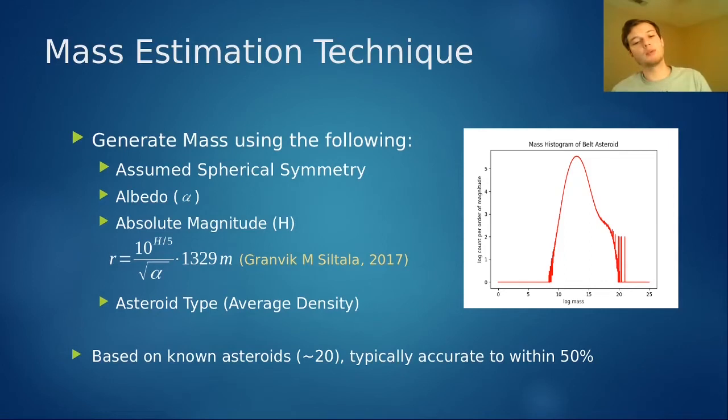And when you combine this with the density, which you can get by taking sort of average density for the asteroid type, then you can get the actual mass of the asteroid. And when we compare these results to the masses of known asteroids, of which there are only about 20 where we actually know their mass, this technique typically gets us within 50% of the known mass.